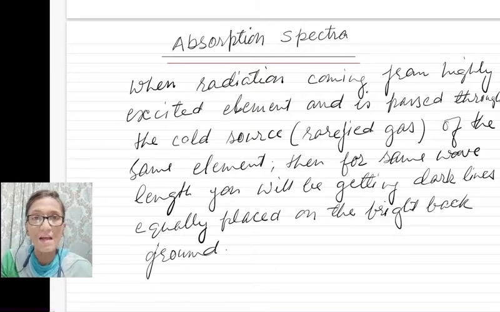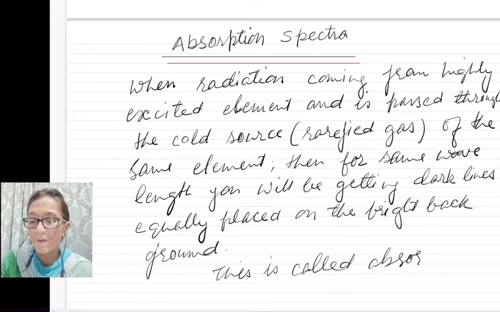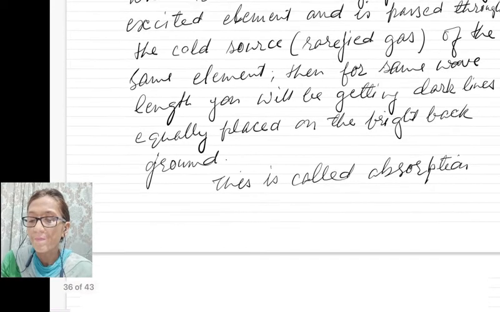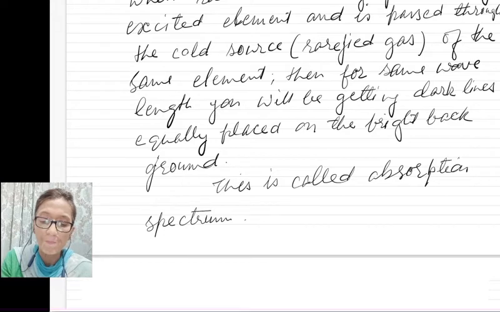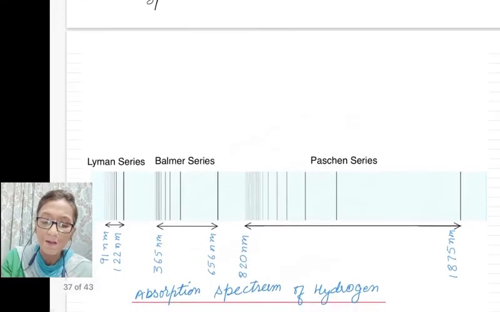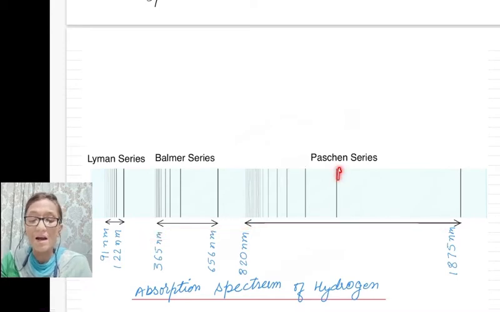This is called absorption spectrum. Here you can see you have bright background and dark spectral lines.